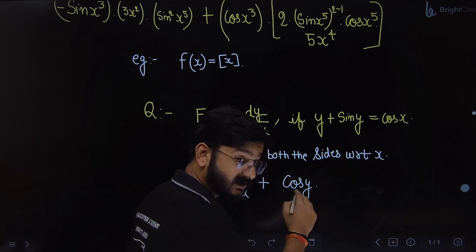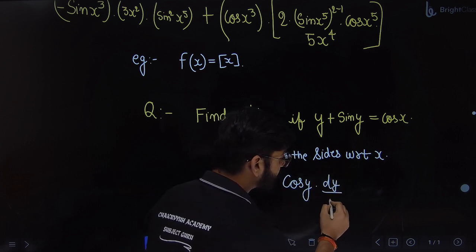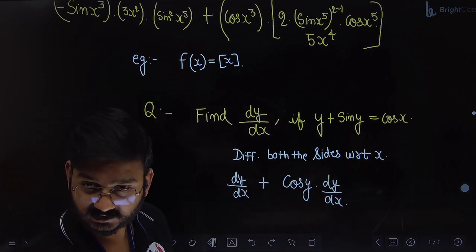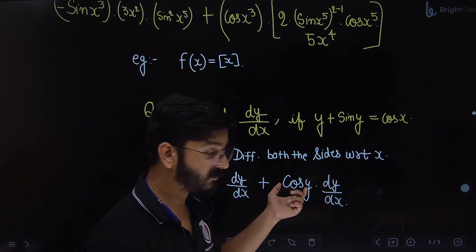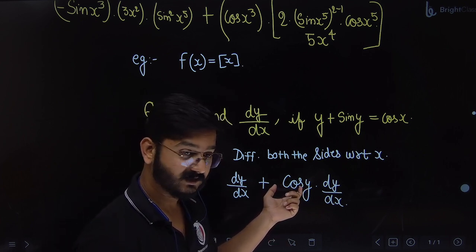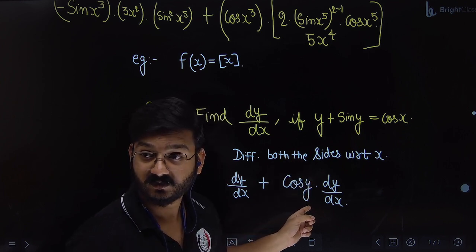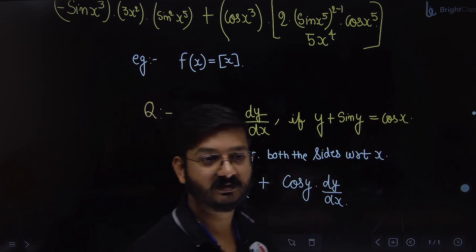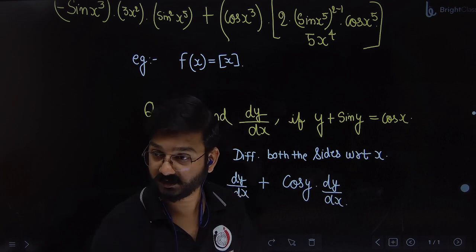Then the differentiation of y with respect to x. You guys get it? First, you will differentiate this whole function with respect to y. Then you will go inside the function. What do you see? y, so dy by dx. So what rule is this? Chain. Chain rule. That is the only thing you have to be careful about here.